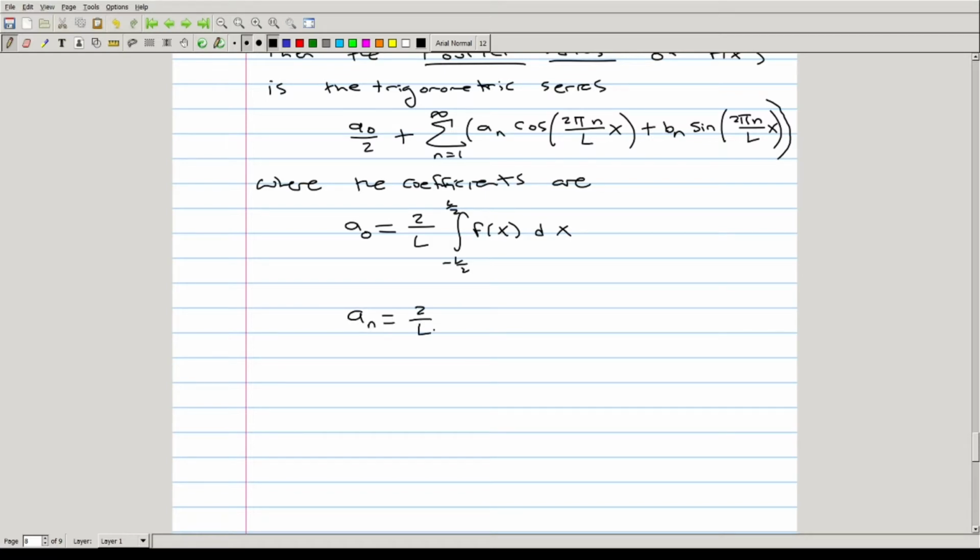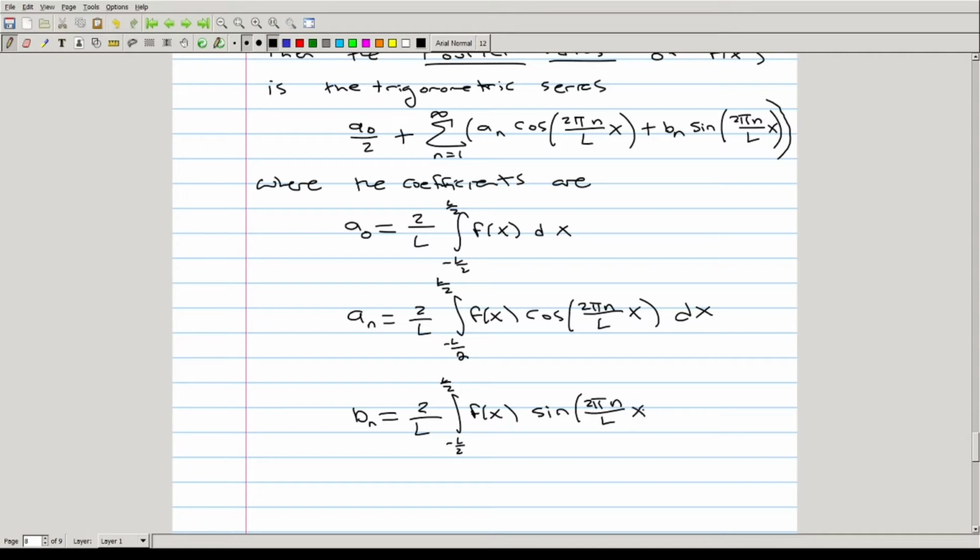An is 2 over L times the integral from negative L over 2 to positive L over 2 of f of x times cosine of 2 pi n over L times x, and bn is 2 over L times the integral from negative L over 2 to positive L over 2 of f of x times sine of 2 pi n over L x dx.